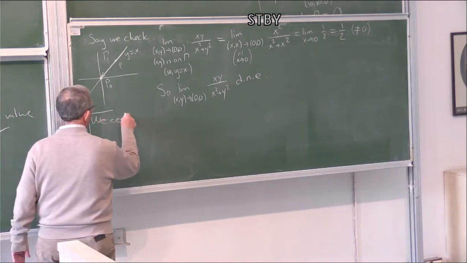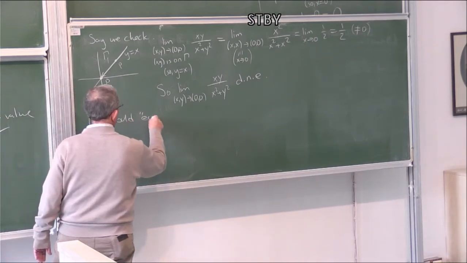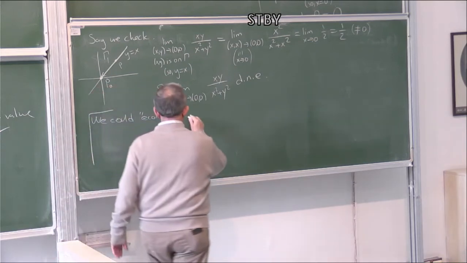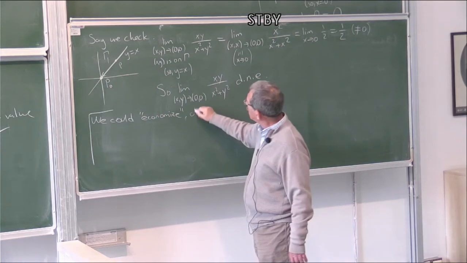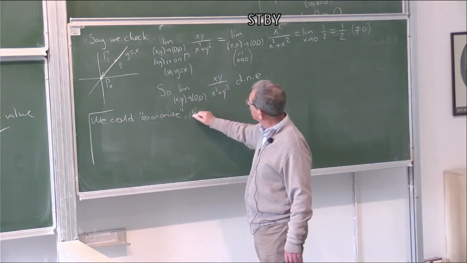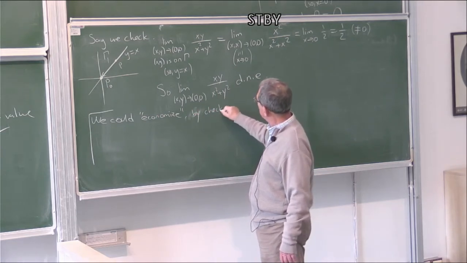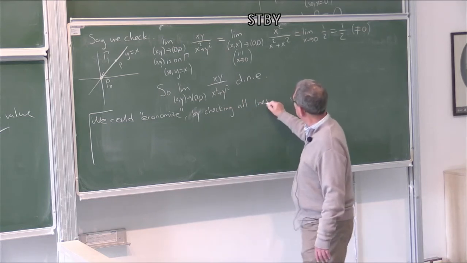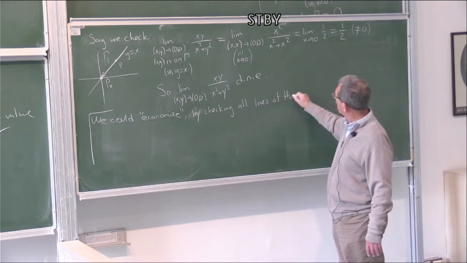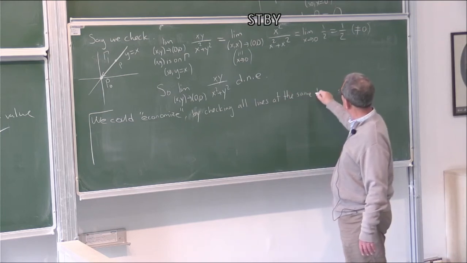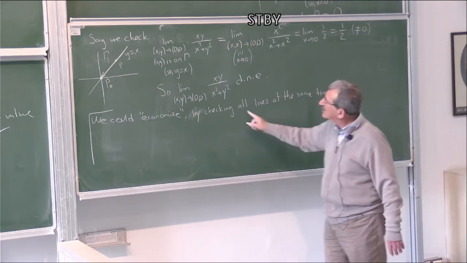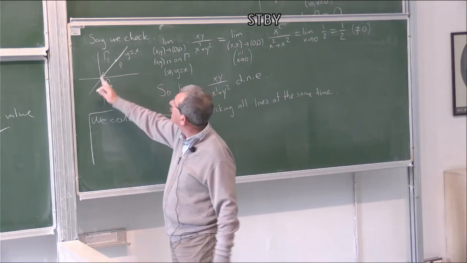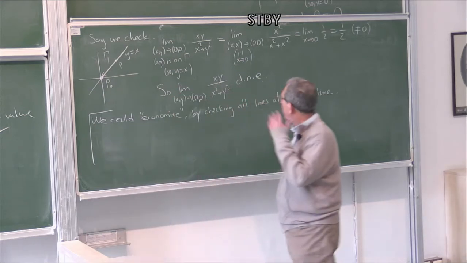We could economize, namely by checking all lines at the same time. Well, it is not all, of course, because I will be working with the slope, so except the y-axis, maybe.